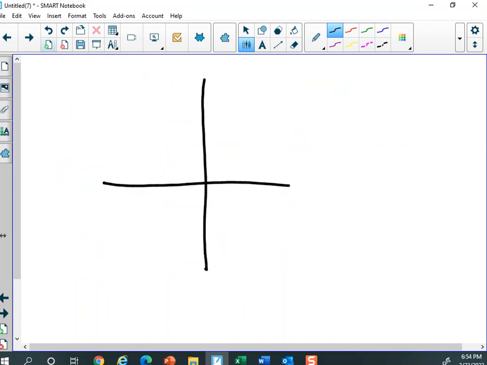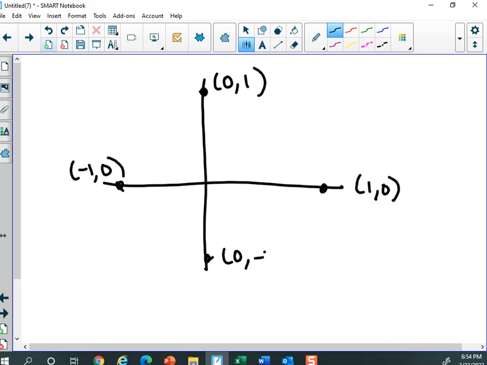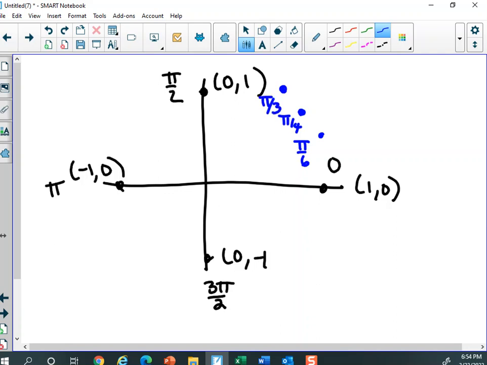Another option is the unit circle. Do your quadrantals. And then pi over 6, pi over 4, pi over 3.